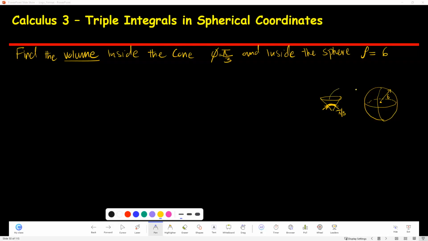And I'm going to take this and plug it in here. So basically what I do, I just add them together, or take this cone and plug it inside the sphere. So it's going to look like this shape.